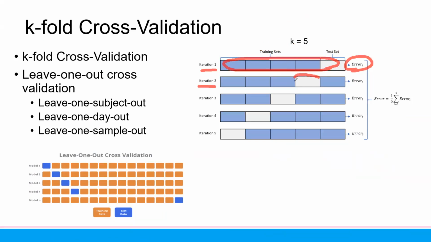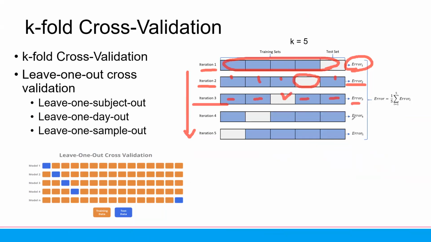This white is the testing set, and the remaining blue is the training set. And then at the end, we will get error number 2. Then we do the next iteration, iteration 3. This is the testing, and the remaining will be the training, and so on until we have iteration number 5.